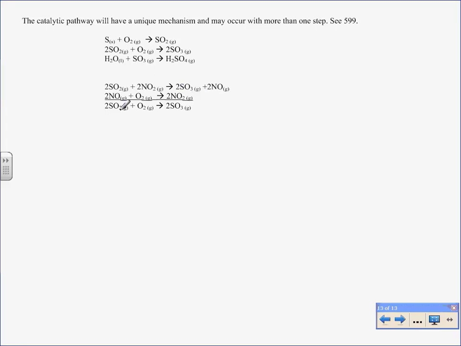Overall, what's happening here is the SO2 is converting to SO3. It doesn't look like much of a change, but what we can say is that this catalyzed reaction has a lower activation energy, so it's going to happen quicker than this one that's given up here. So a catalyst can simply change the pathway of the reaction and make it go faster in that way.